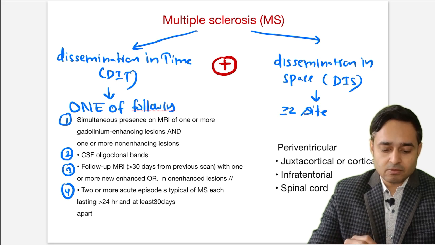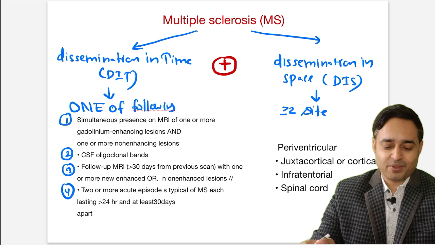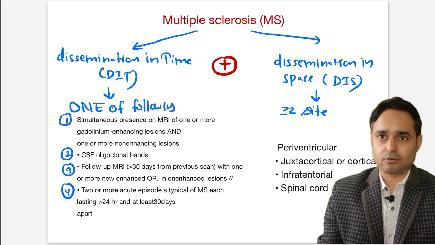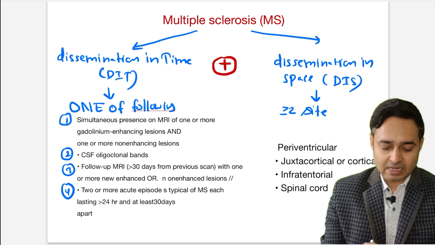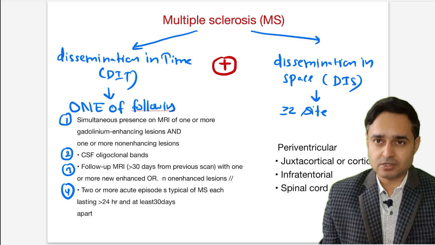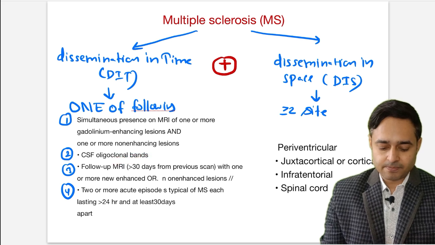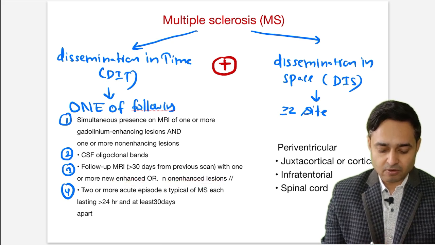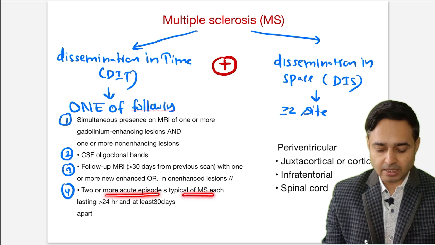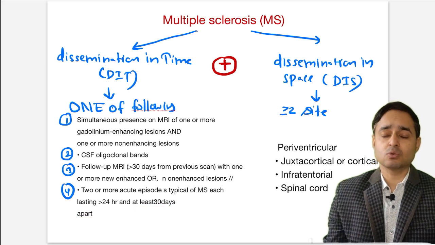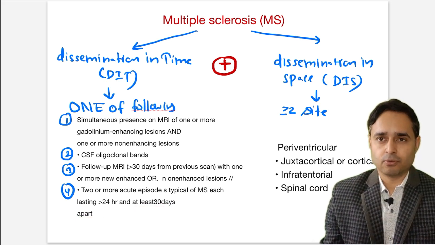In dissemination in time, one of the following four is required: simultaneous presence on MRI of enhancing and non-enhancing lesions; CSF oligoclonal bands; follow-up MRI after more than 30 days with one or more new enhancing or non-enhancing lesions; and two or more acute episodes of typical MS, each lasting more than 24 hours and at least 30 days apart. So any one of these is required for dissemination in time.